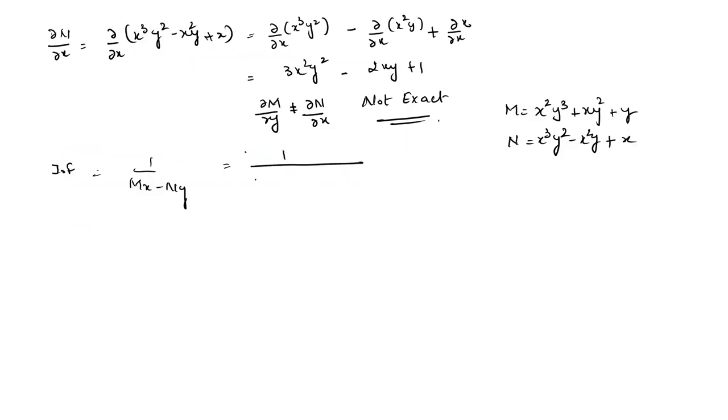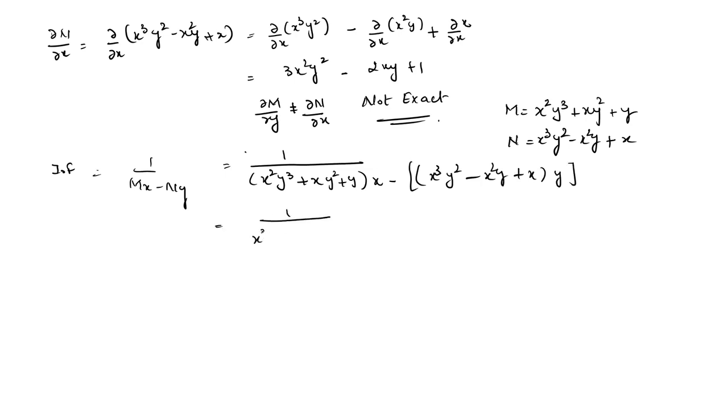That is 1 over mx minus ny, which means 1 over x square y cube plus xy square plus y times x, minus x cube y square minus x square y plus x multiplied with y. So here we will get x cube y cube, x square y square, and xy.